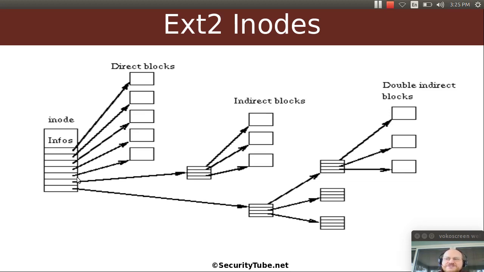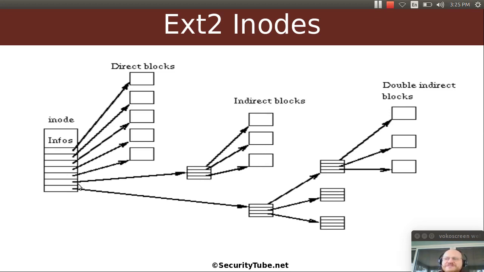If it's a little larger, it will have a pointer to an indirect block. So in the second block here, you will have a list of blocks. This is if you have more than 12 blocks that make up your file, you might do this.